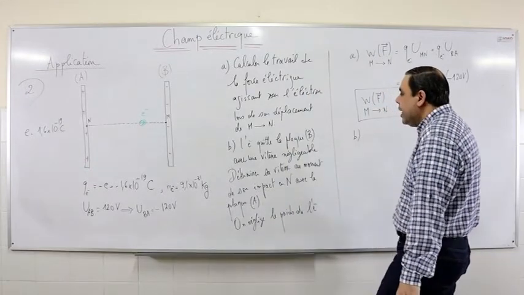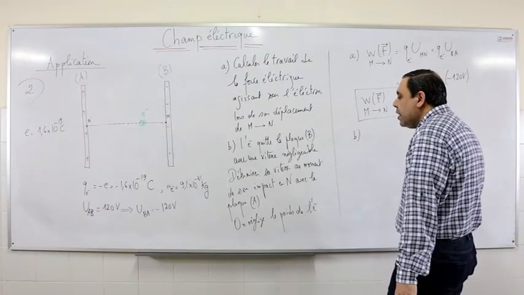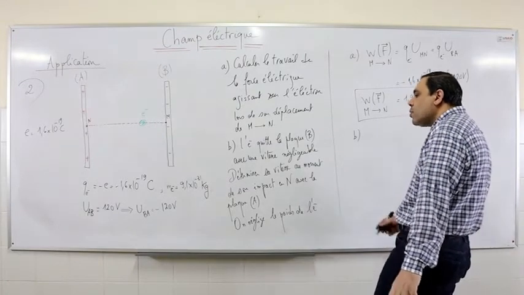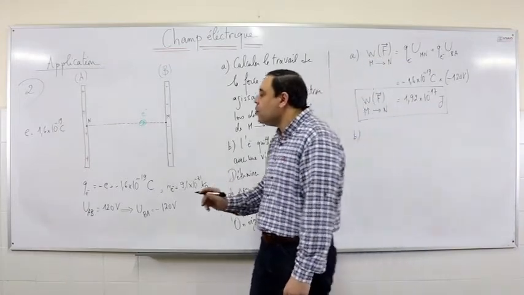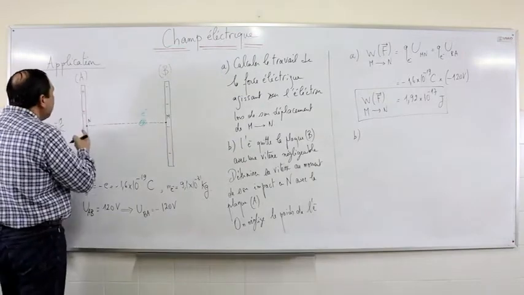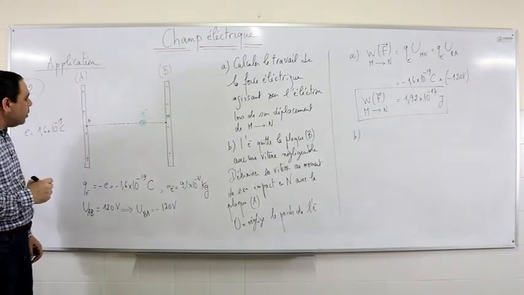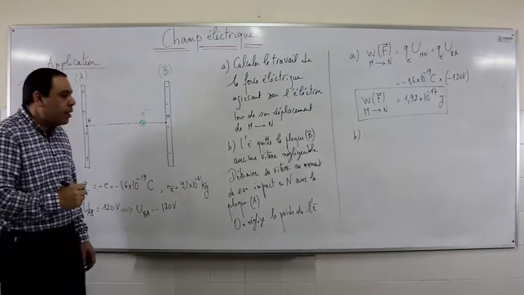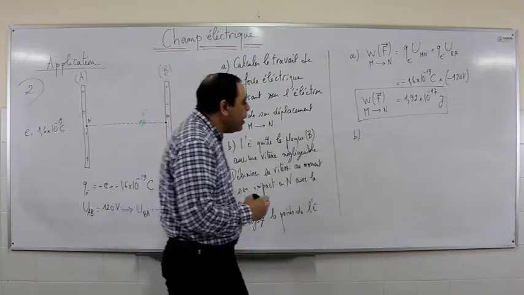Part B. The electron leaves plate B with a negligible speed. Determine its speed at the instant of its impact with plate A at point N. The electron leaves plate B without speed.